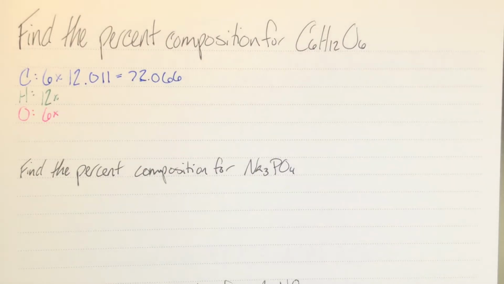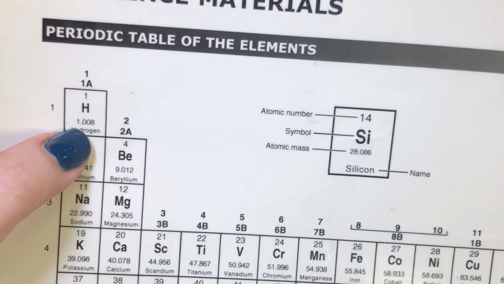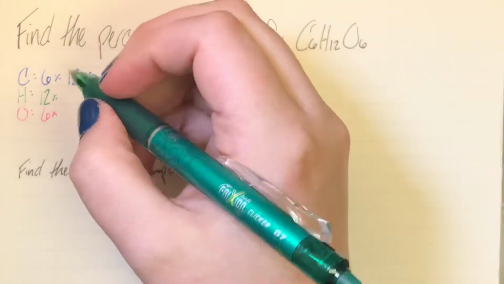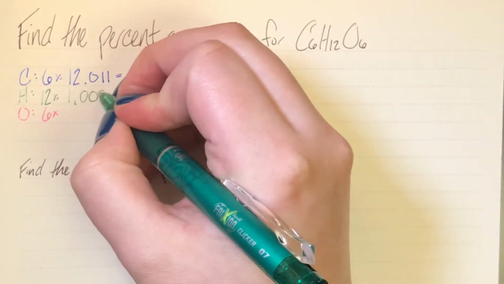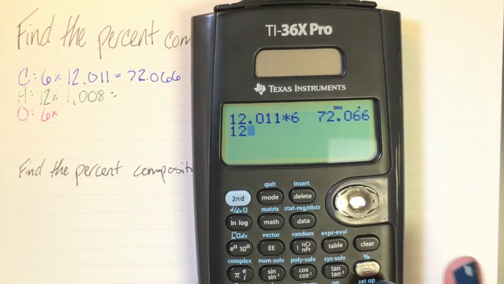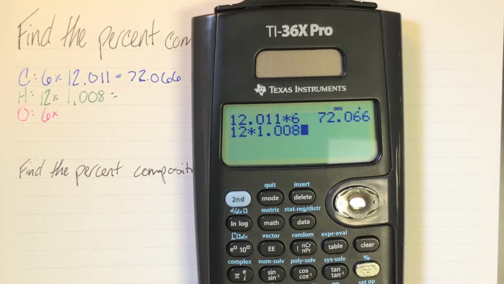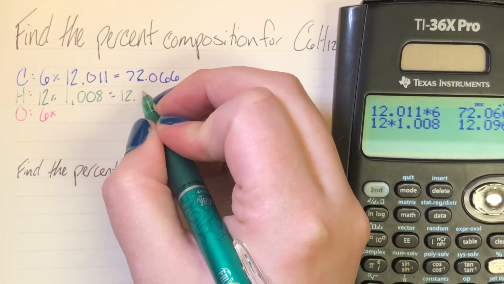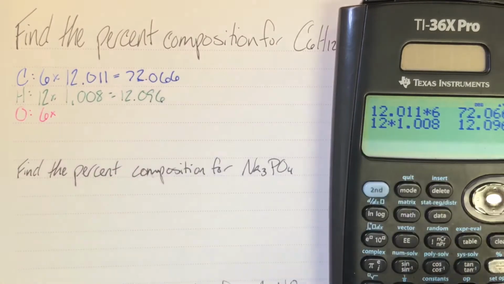Hydrogen is going to have a mass of 1.008. So then I will do 12 times 1.008. That gives me the number 12.096.